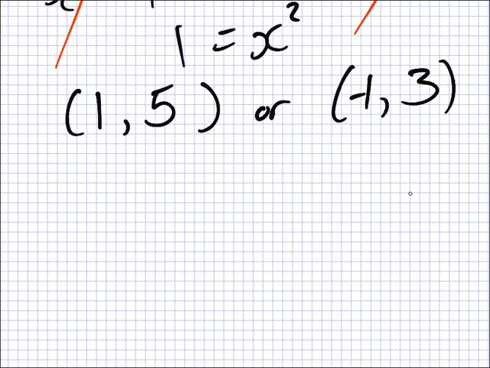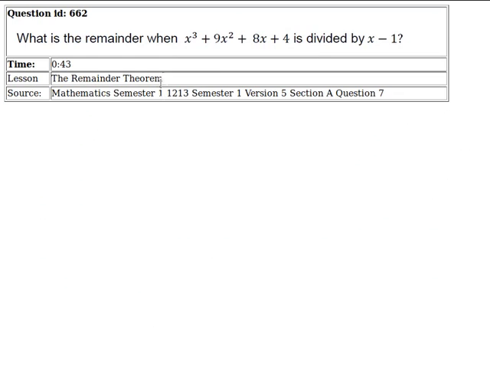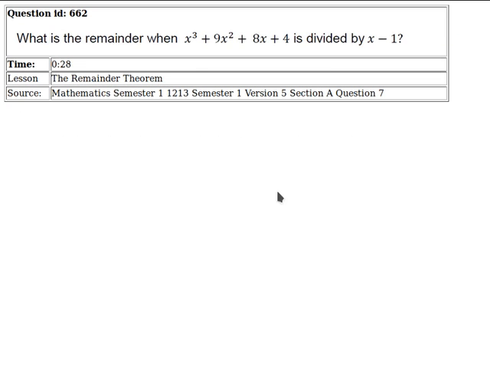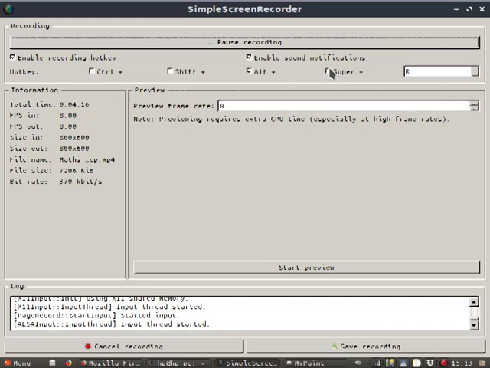So what should I do? Let's put 1 back in. Yeah, 1 plus 9 plus 8 plus 4 is 22. Okay, now you see? Don't be so cocky, okay?